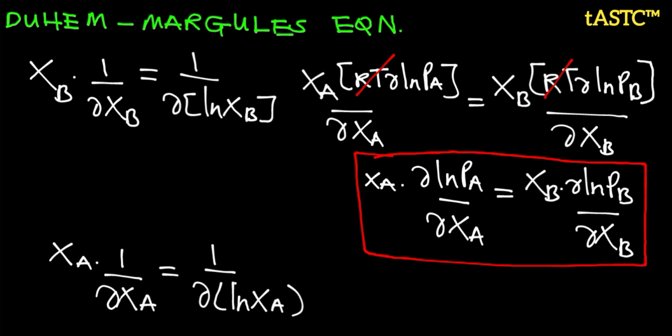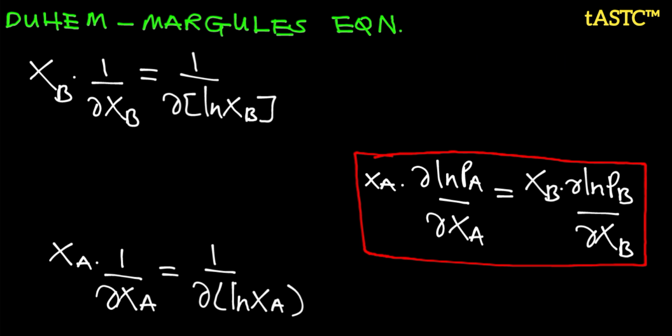So what I will do now is replace these forms with what they are on the other side of the equation. So this is what we're going to have: 1 divided by d ln x b multiplied by d ln p a.